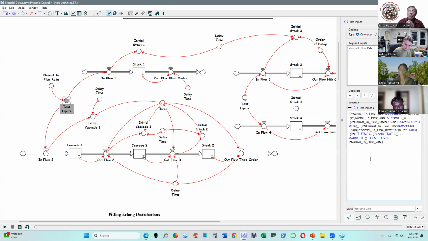You start them in equilibrium where everything's a horizontal line, and then you shock it out with a step, a pulse, noise, ramp, a sine wave, whatever, different test inputs. And then you should be saying to yourself, here's what should happen if the piece of structure is behaving correctly. And I look to see, is it doing that? Or is it doing something dumb?